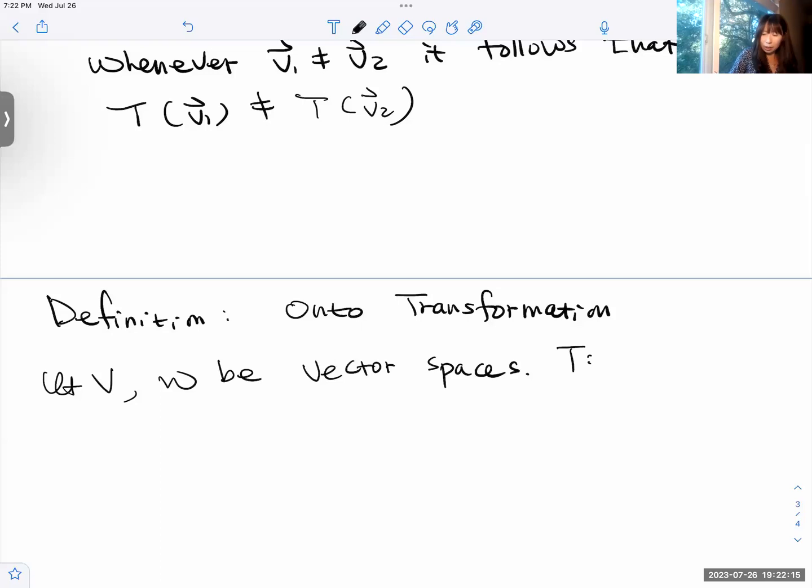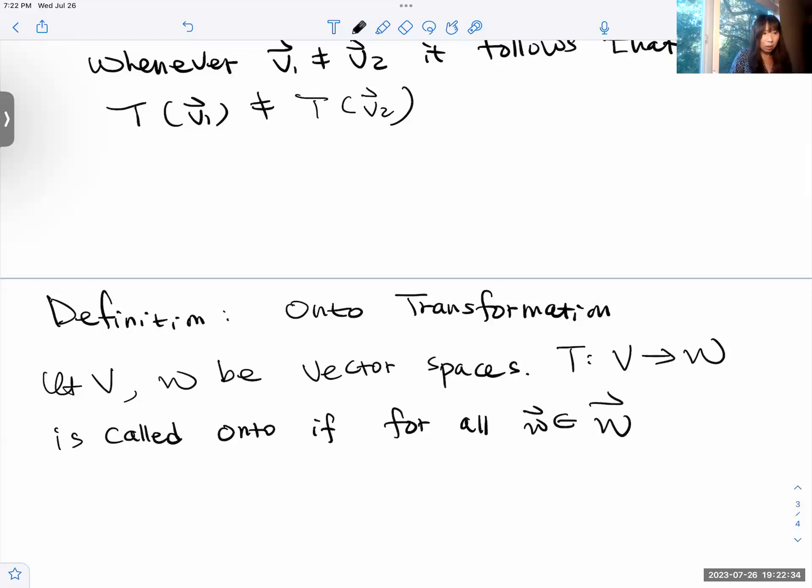Then we say that T from V to W is onto if for all vectors w in W, where W is a vector space, right?